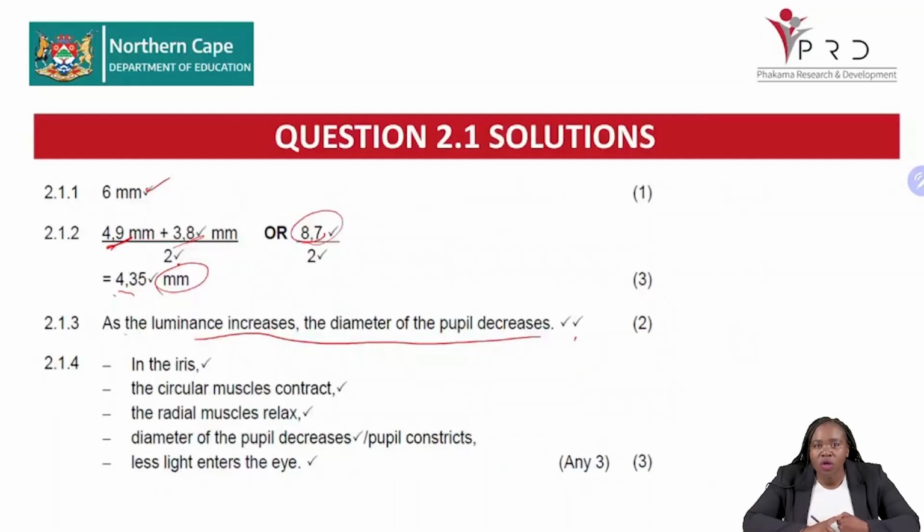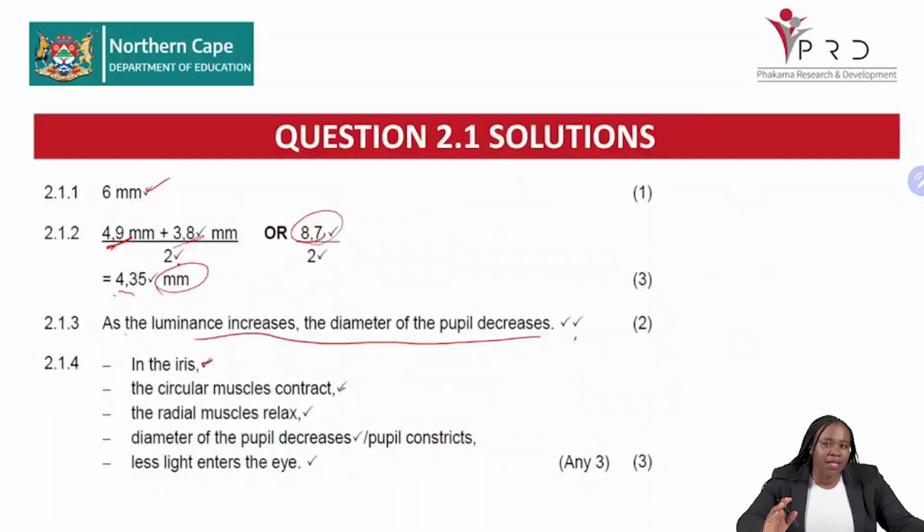You must know which muscles are involved, right? So firstly, this is in the iris, right? So you can say the circular muscles of the iris contract, or you can say in the iris, the circular muscles contract, right? So by mentioning that this is taking place in the iris, you do get a mark. And by mentioning that the circular muscles contract, you also get a mark. Now, do not confuse the ciliary muscles and the circular muscles.